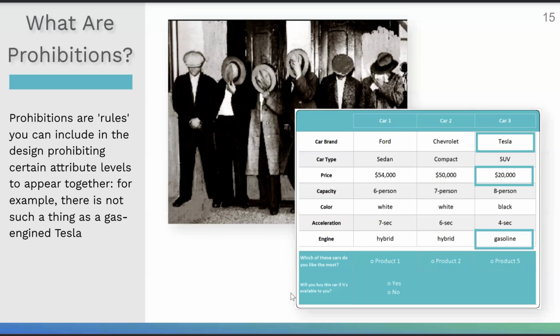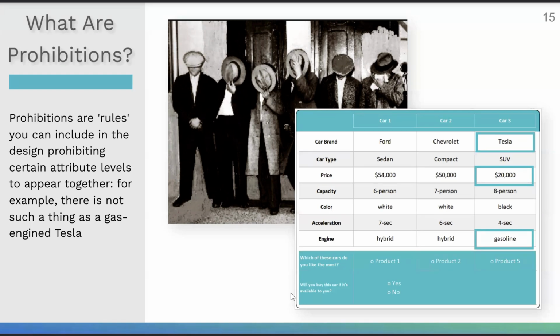Clients often demand a lot of prohibitions, and you need to be very careful with them. The reason is that in this choice exercise, you're teaching the model at this point. You want to teach the model how important various things are. You're not necessarily setting things up as they are in the real world.